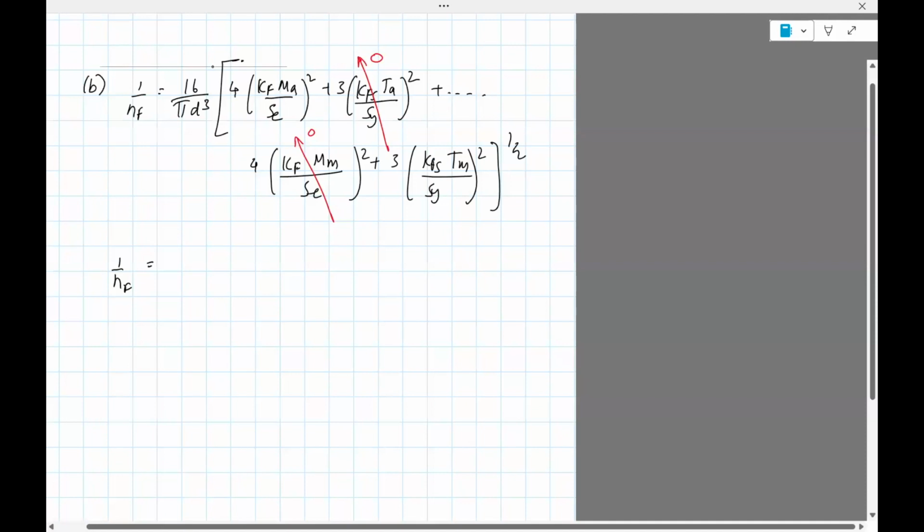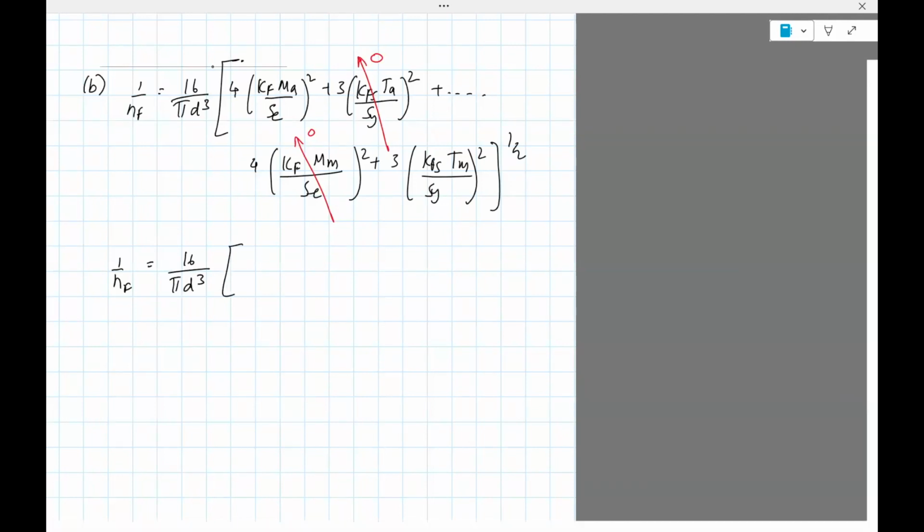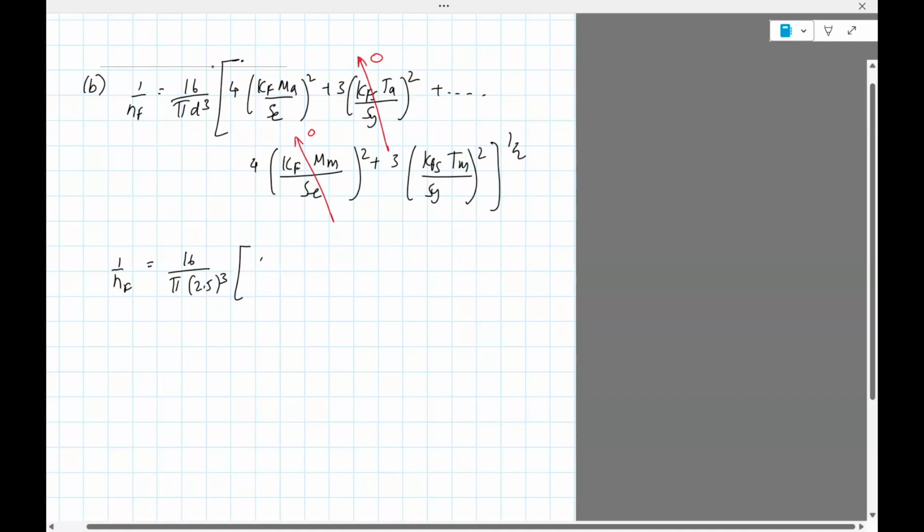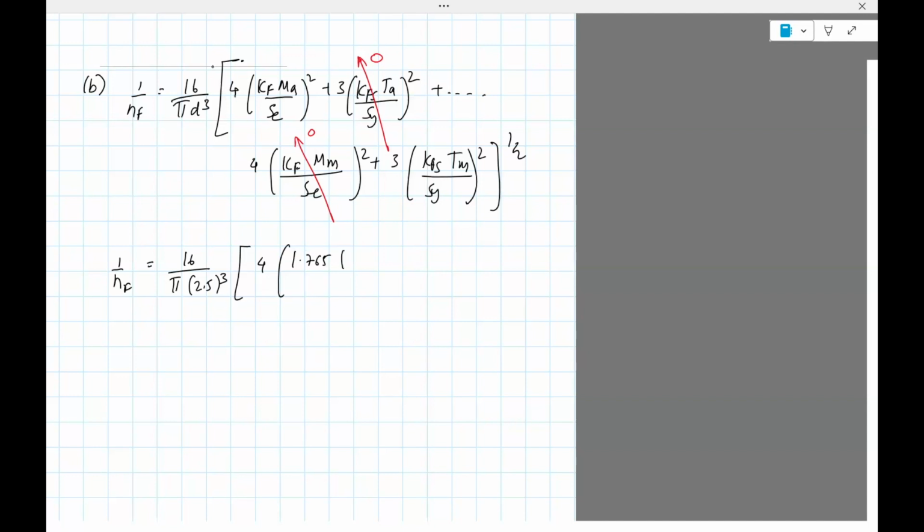So 1 divided by Nf equals 16 divided by pi times 2.5 cubed, times 4 times 1.765 times 2400, divided by 24 times 10 raised to 3, the whole thing squared, plus 3 times Kfs, so 1.522 times 18,000 divided by Sy, which is 80 times 10 raised to 3, the whole thing raised to half.